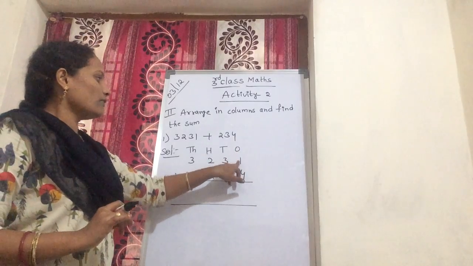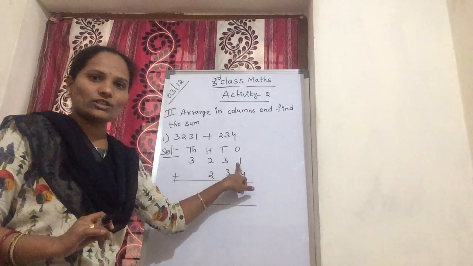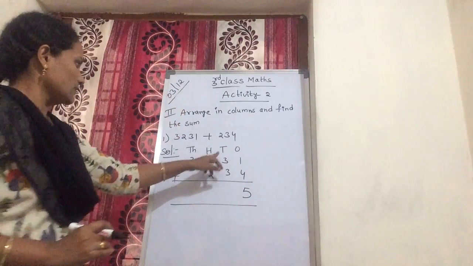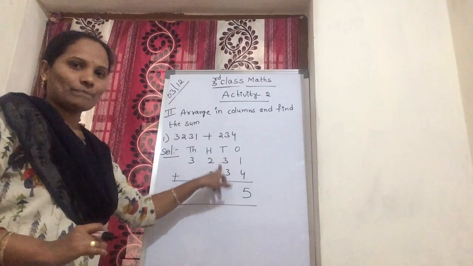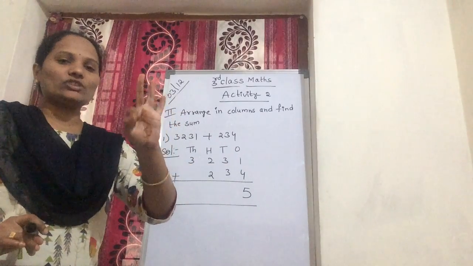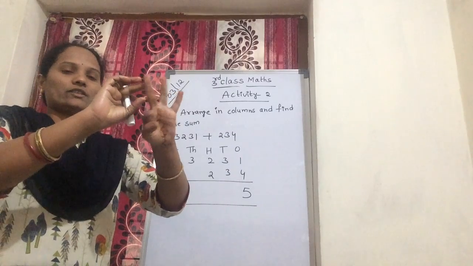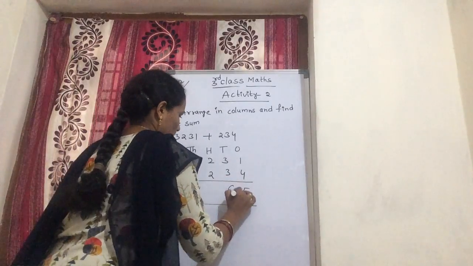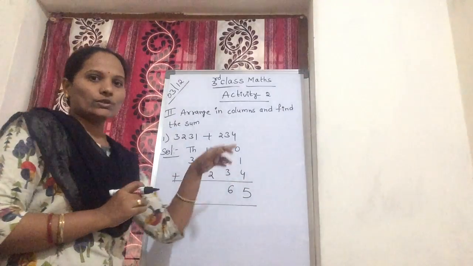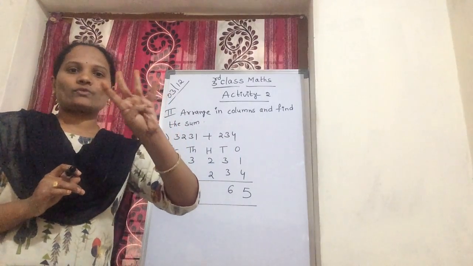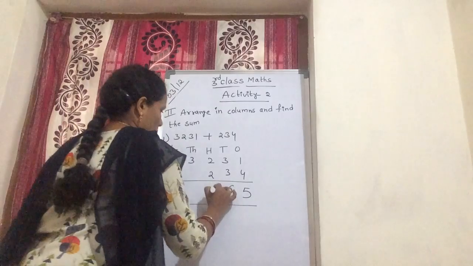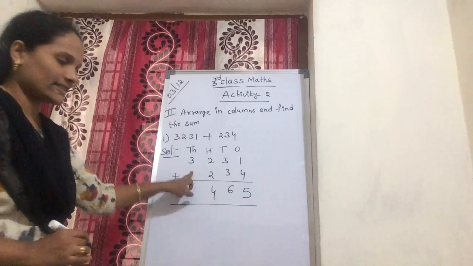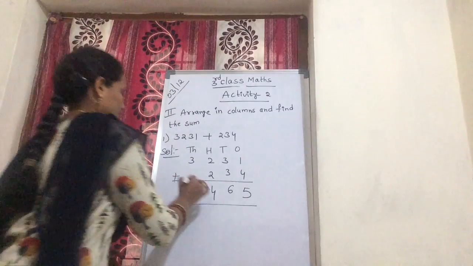From ones, 1 plus 4 is 5. Next, tens: 3 plus 3 is 6. Next, 2 plus 2 is 4. Nothing is there in the second number's thousands, so you write 3.